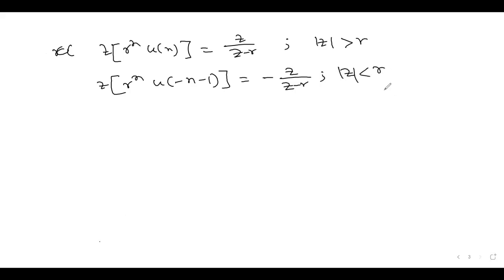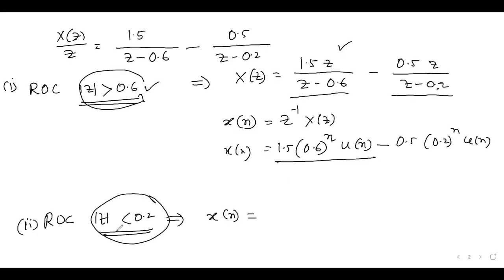Now here, what is given? Mod z less than 0.2. That means both 0.6 and 0.2. Here the radius 0.6 is greater than 0.2. That means this must be converted into a left hand side signal. This is also a left hand side signal.